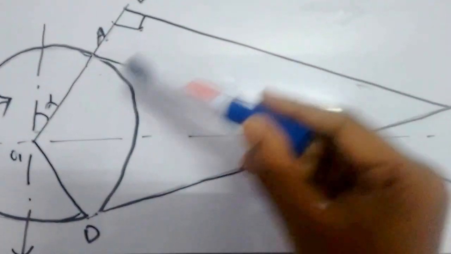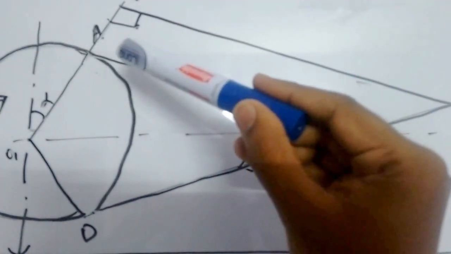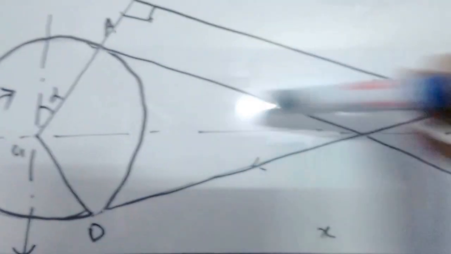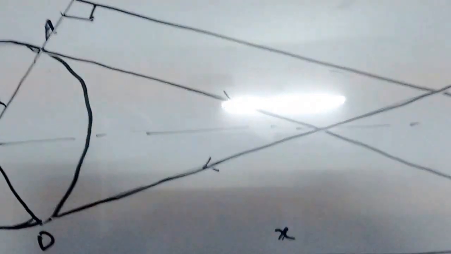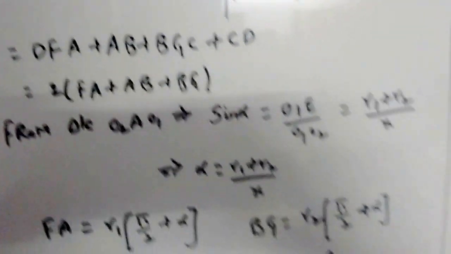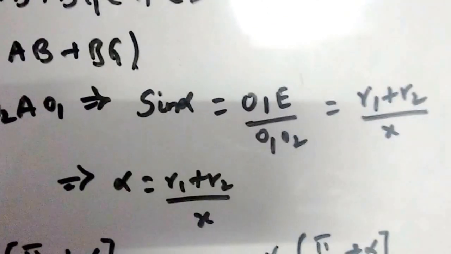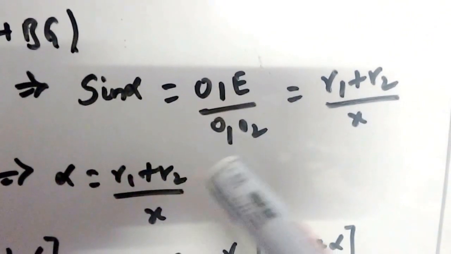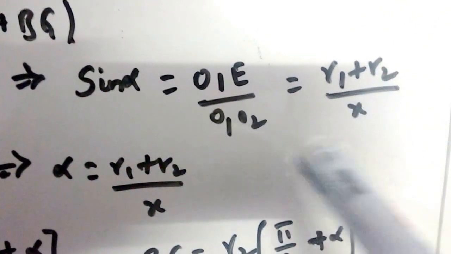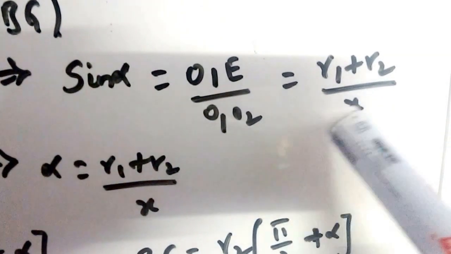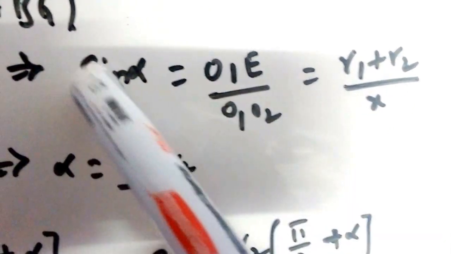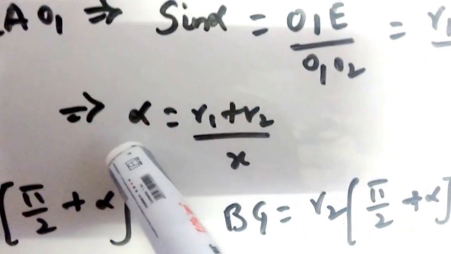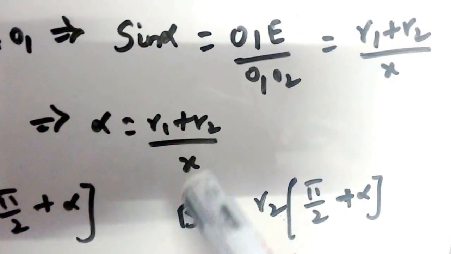You can write O1E as O1A plus AE, where O1A is equal to R1 and AE is equal to R2 from the geometry of the figure. So sine alpha is equal to O1E divided by O1O2, which is equal to R1 plus R2 divided by x, the distance between the two centers. As alpha is very small, you can take alpha equal to (R1 plus R2) divided by x.